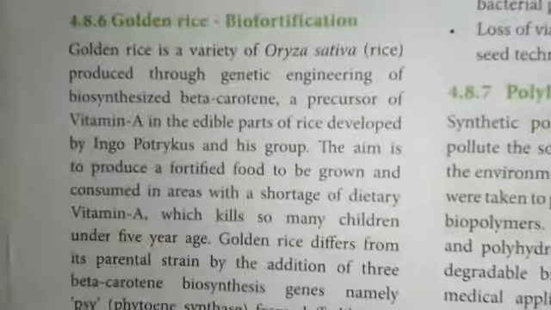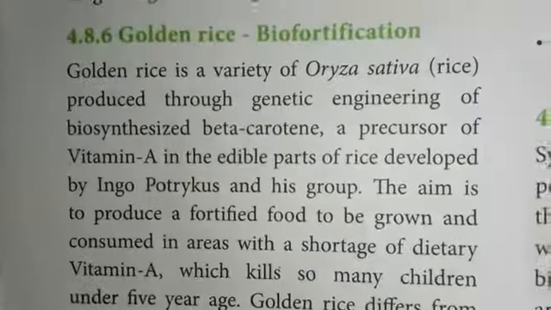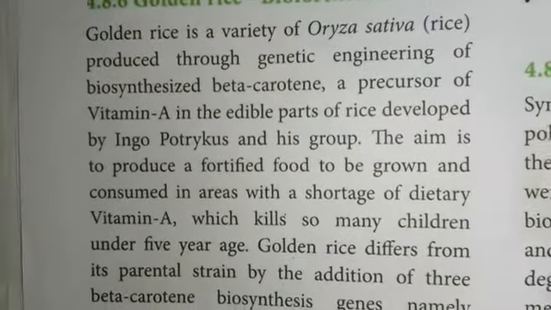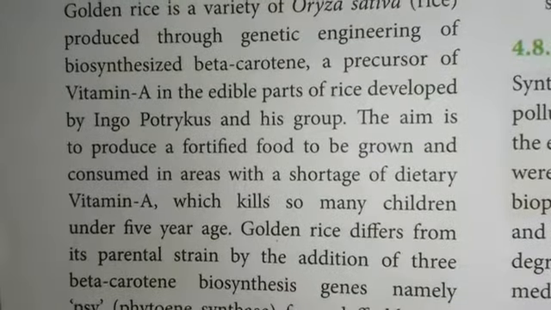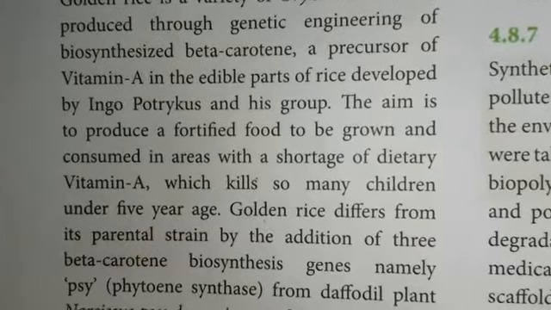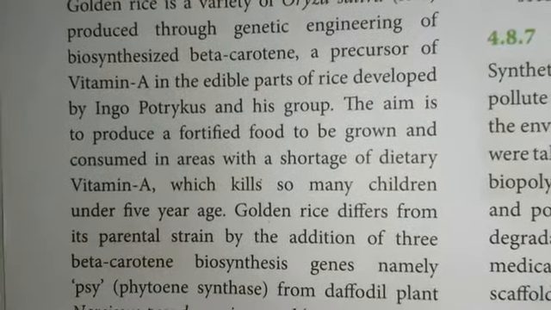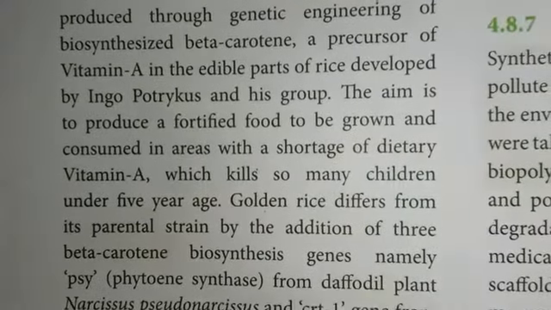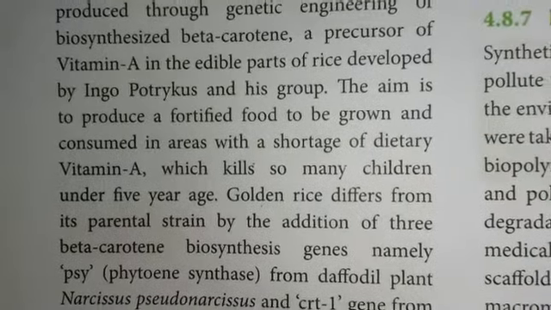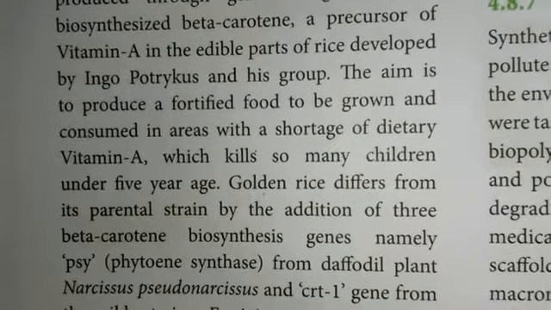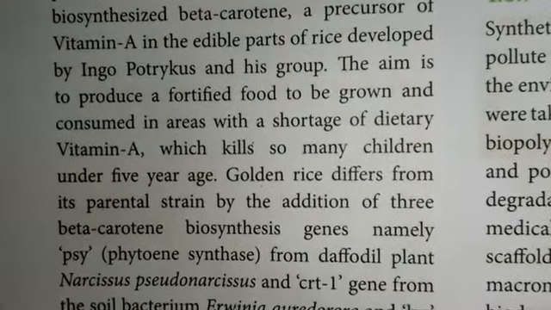It is the first formed precursor of vitamin A in the edible part of the rice, developed by Ingo Potrykus and his group. The aim is to produce a fortified food to be grown and consumed in an area with a shortage of dietary vitamin A, which kills so many children under 5 years of age.